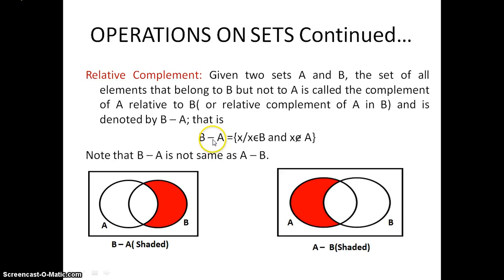That is how we are going to write. B minus A means the element should be present in B but not in A.